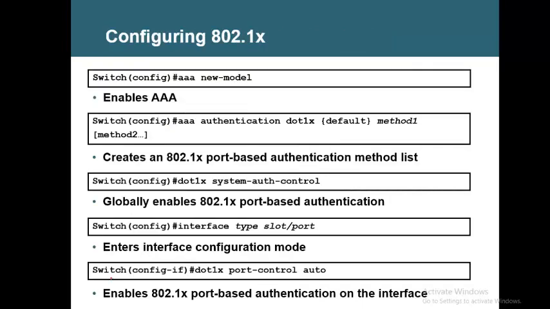But on the switch side, this is the command we need to enable 802.1X. So if someone tries to enter through this port, the username and password will be verified before they pass through the port.